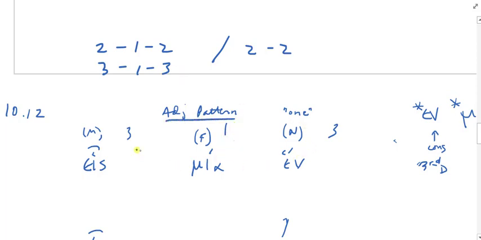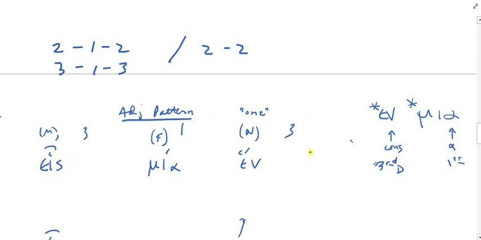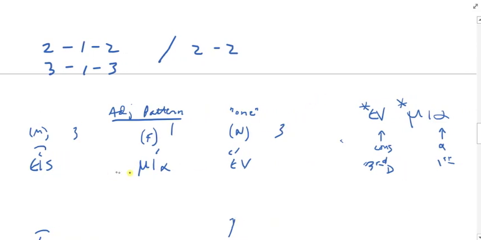It's a 3-1-3 pattern. The masculine form is third declension. The feminine form is first declension. The neuter form is third declension. All right? So what does that mean? It means that the stem used for these three forms will either be a consonantal stem, the third declension forms, masculine and neuter, or a first declension stem, an alpha stem in this case.